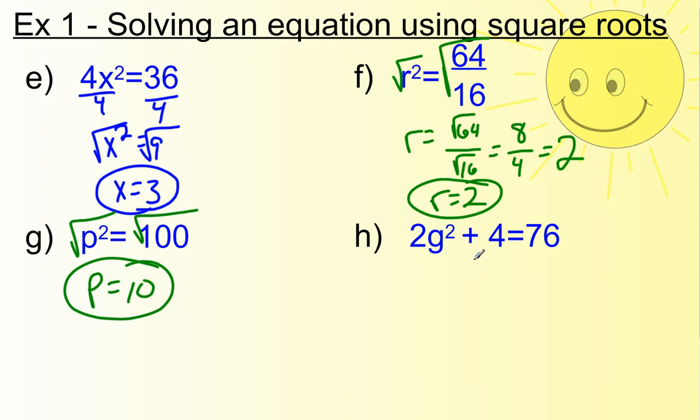I remember this stuff. So you gotta subtract 4 on both sides to get rid of the add and subtract first. That gives you 72.